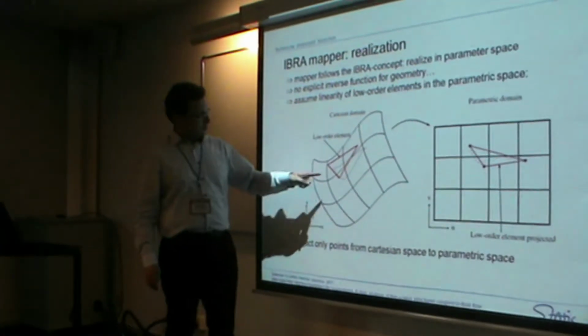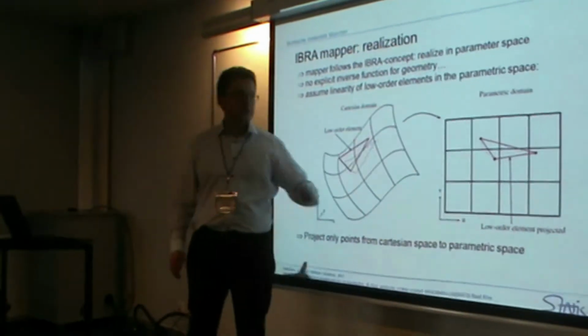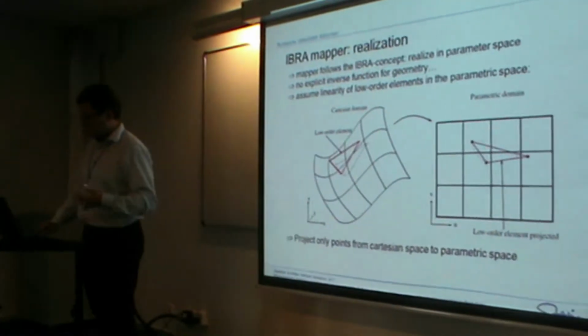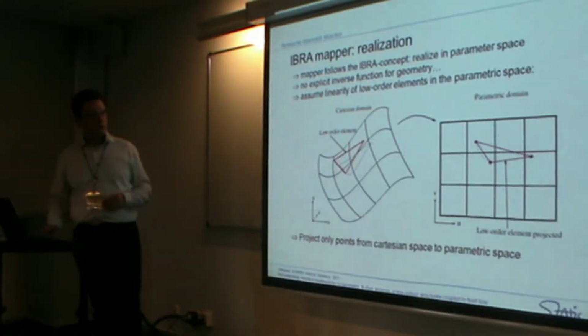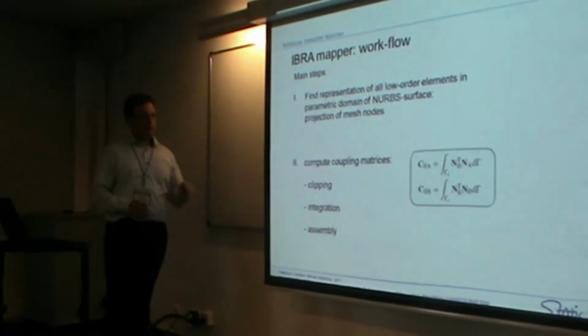We just take the corner nodes, project them back into the parameter space on the NURBS, and then make a linear connection of them, which is an approximation, we know, but this works very nicely and stable. So, the iPro mapper, very condensed.